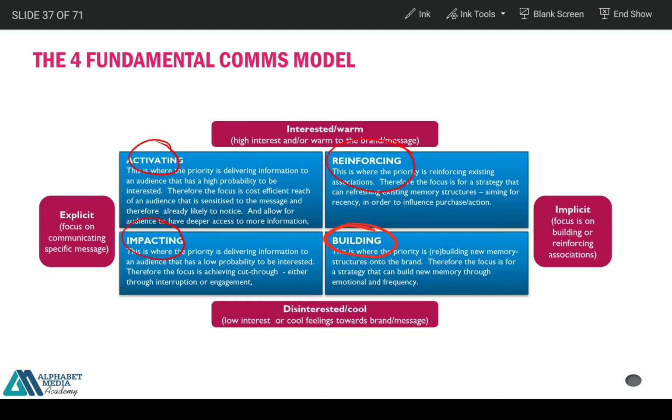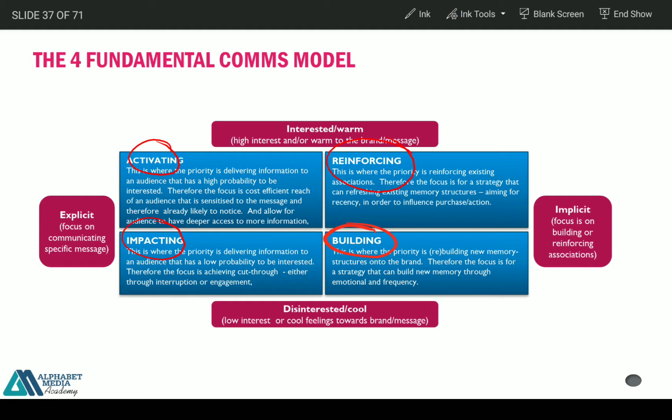So the focus here is that you're trying to layer new memory structures on an existing structure, especially when the brand has already been hardwired in a certain way in the mind of the consumer. An example I like to use is Ribena.